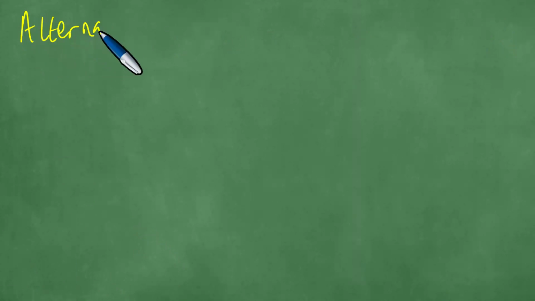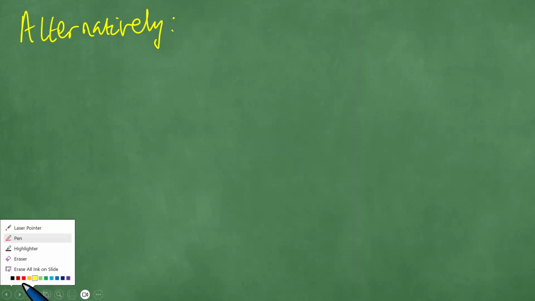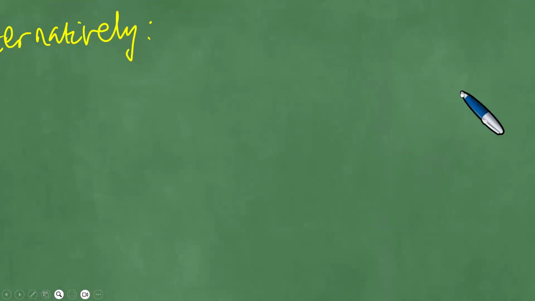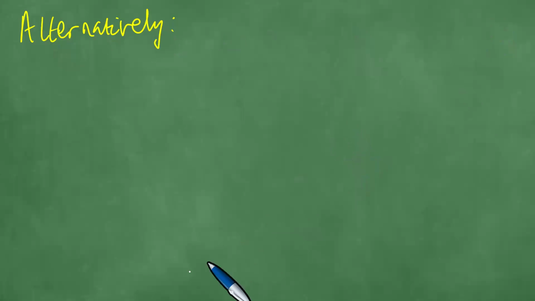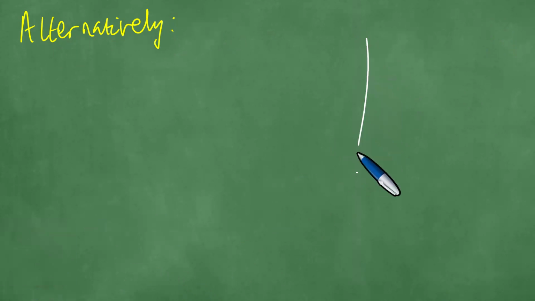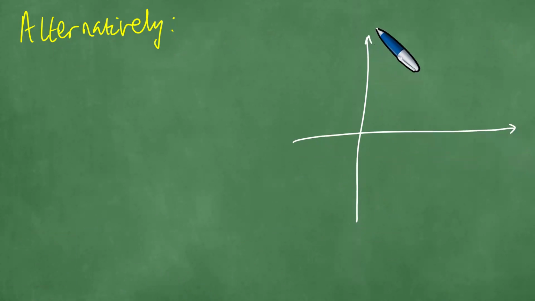Alternatively, if one has the same Cartesian plane, this is your y and this is your x.